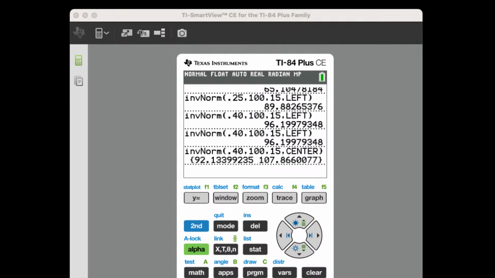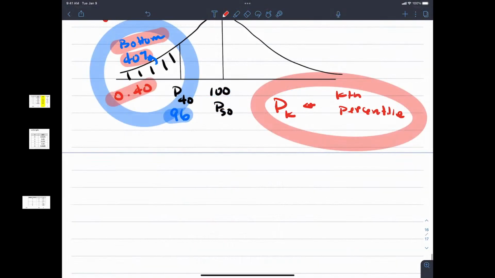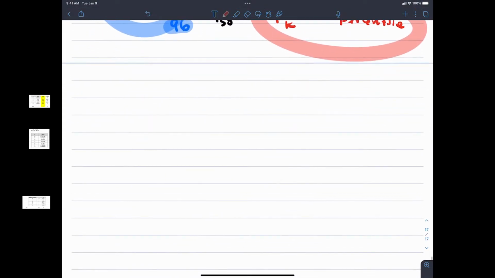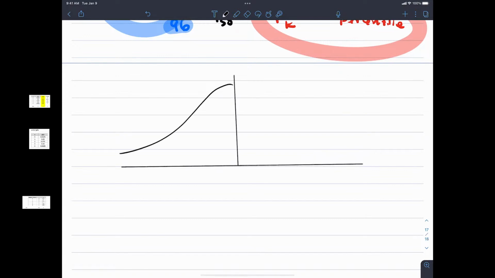Center 40%, let me show you guys. Remember center 40? It's not top or bottom language, but 20%, 20%.